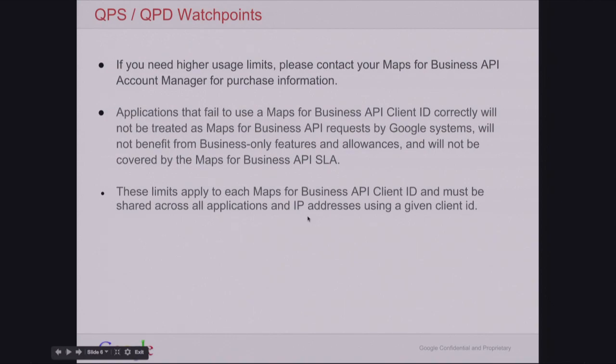And so you want to make sure that when you design applications that make calls to these web service APIs, you take into account the collective number of requests that are being sent per 24-hour period and also within a period of 1 second to make sure you don't hit the QPS and QPD limits.